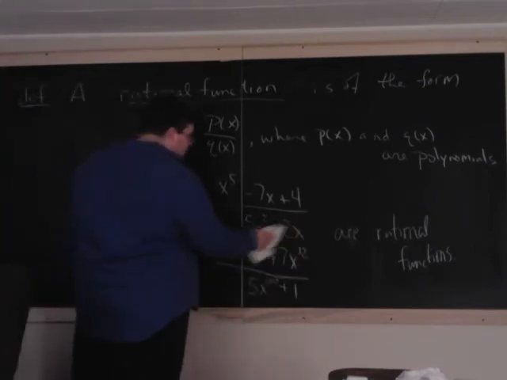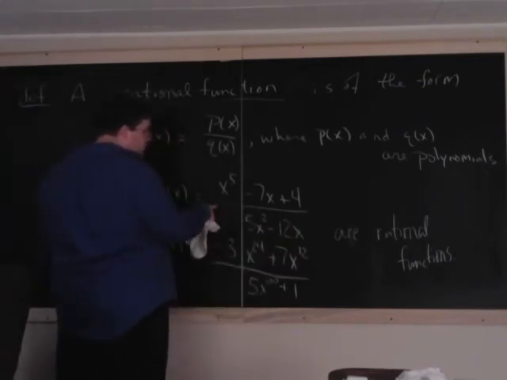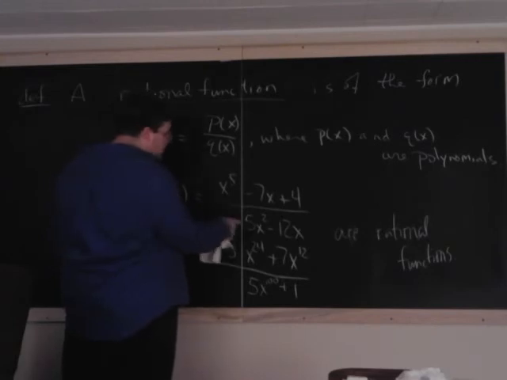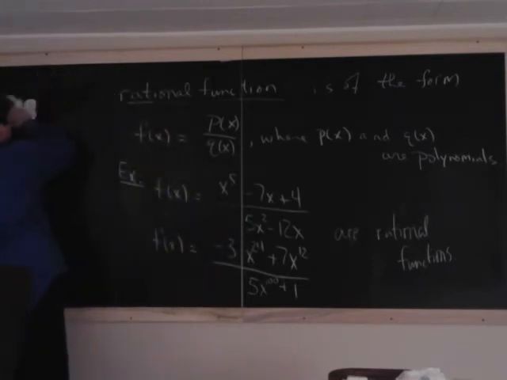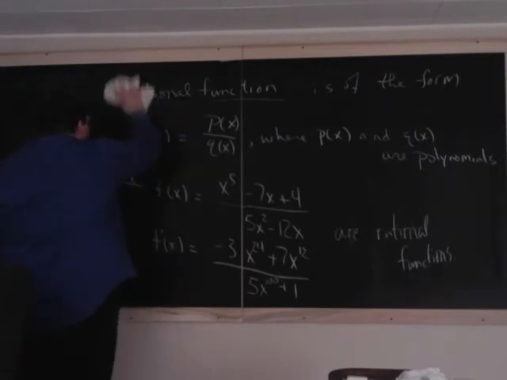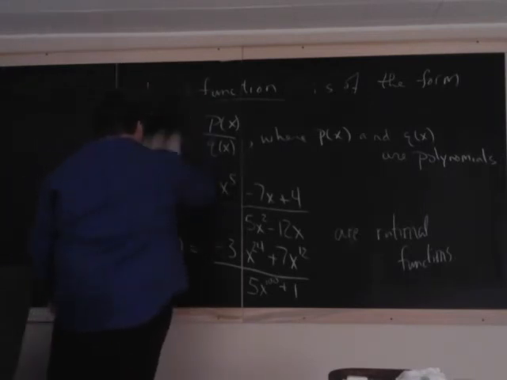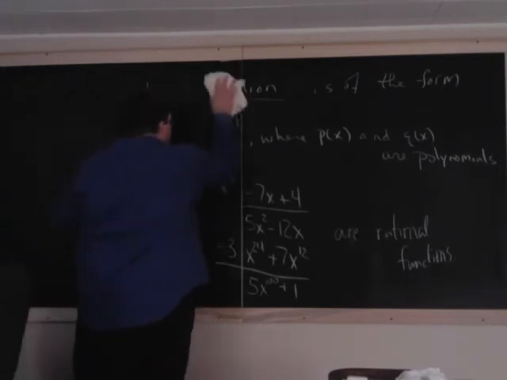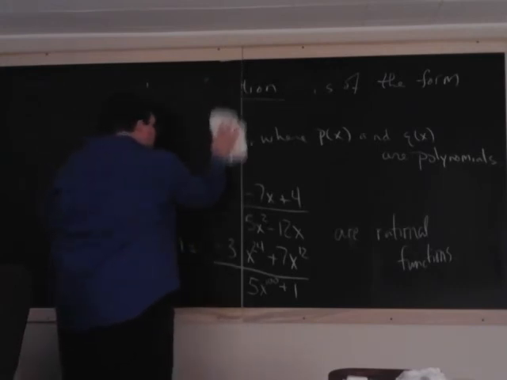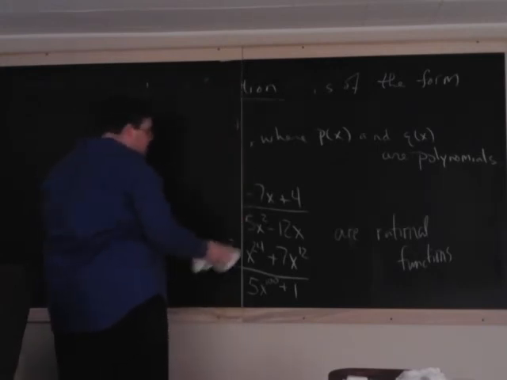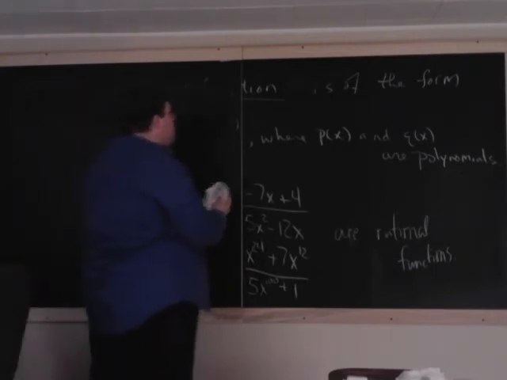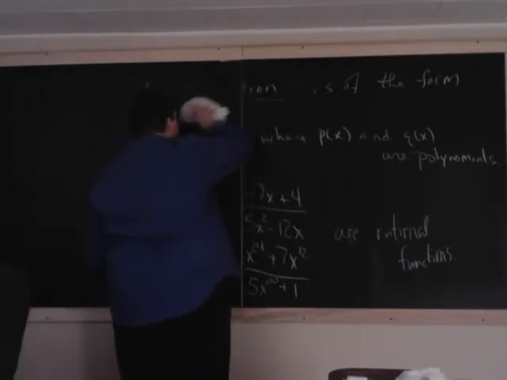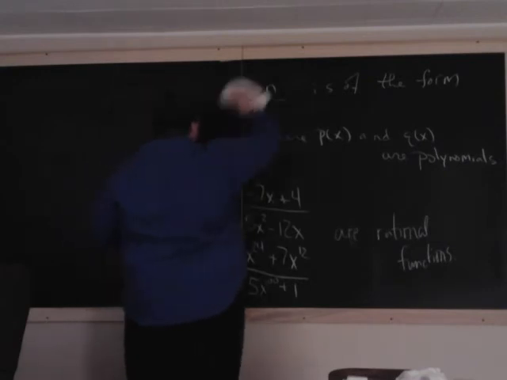For example, for this one you can't put 0 into this function, because you'll get a 0 in the denominator. So rational functions have a potentially restricted domain. And we can see the restriction by looking at the denominator, looking at roots of the denominator, looking at where the denominator is 0. So let's do that.